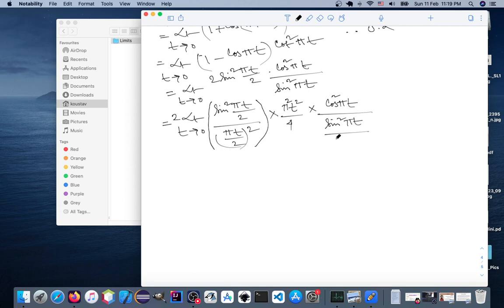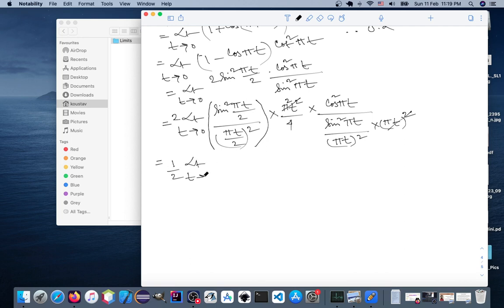I need pi t, so I have to adjust it like this. Okay, so what is the scenario? Pi square t square will cancel with this one. 4 will get outside, so we will get half.